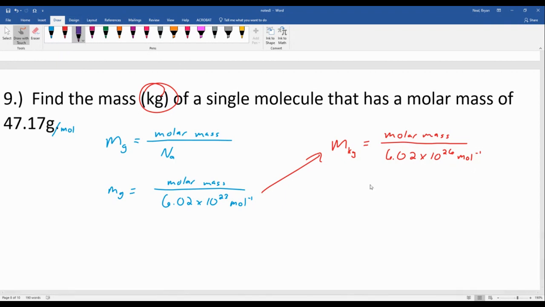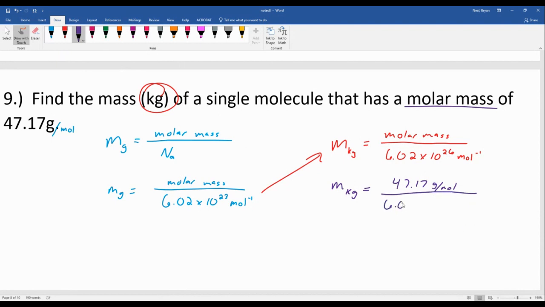So it looks a little ugly, and the numbers are scientific notation and potentially confusing, but it's really just a calculator thing. If you can figure out how to type that stuff in, you should be fine. So we've got 47.17 grams per mole. Again, when it says molar mass, that's intended, implied.